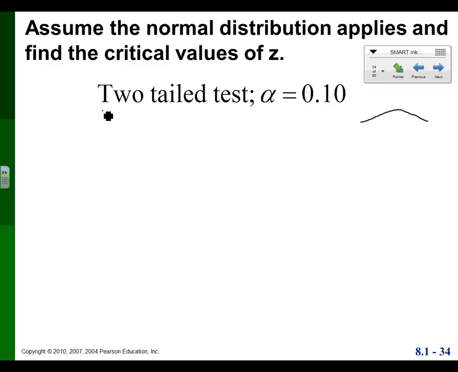And two tails means if I add both tails together, that equals 0.10. So how much do I have right here? And how much do I have right here? 0.05.